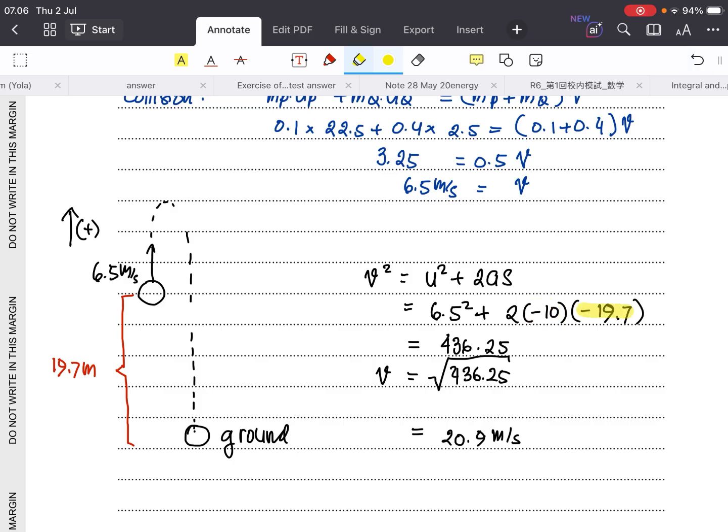And then the vertical displacement is also negative, negative 19.7, because the final position of the particle is below the initial position of the particle. So V squared is 436.25. So V is the square root of that value. We found that V is equal to 20.9 meters per second.